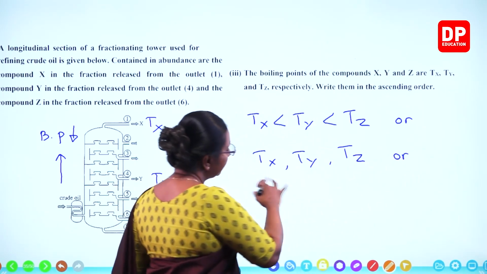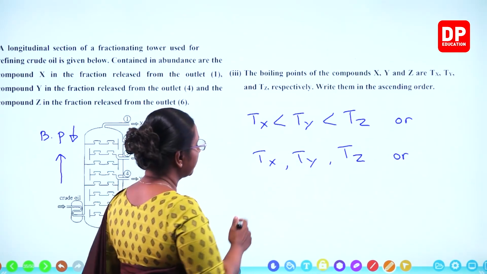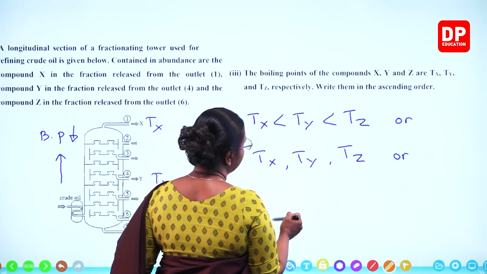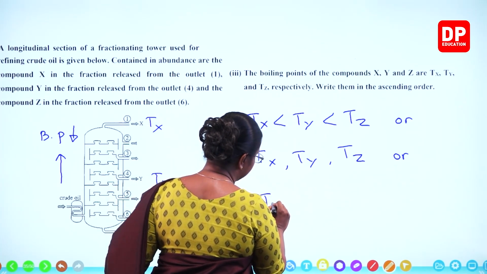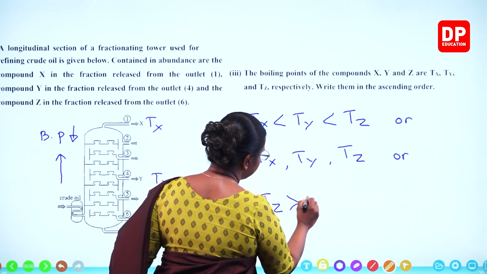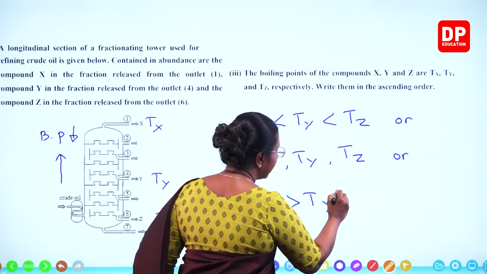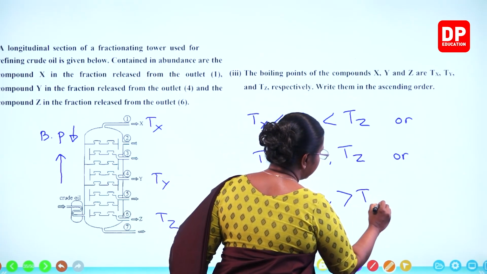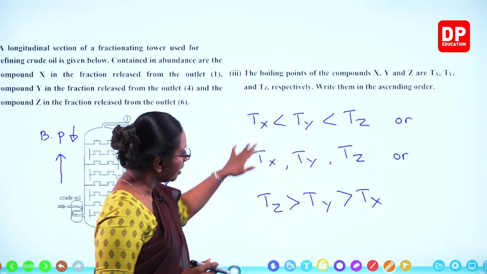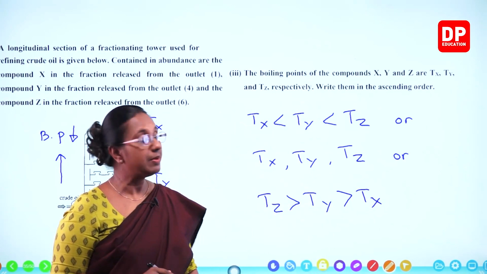Or else we can even write it in the other order where you use the greater than symbol: Tz is greater than Ty, that is greater than Tx. All give the same answer.